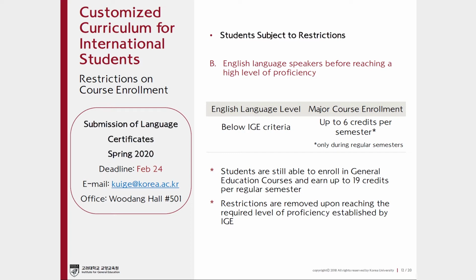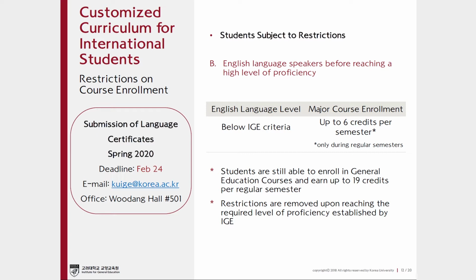In order to have the restrictions on major course enrollment removed, students need to submit an official language certificate to demonstrate that they have reached the required level of language proficiency determined by the Institute for General Education. Students are informed via email before the start of the semester about the exact language level they need to achieve to be able to register for major courses without restrictions.